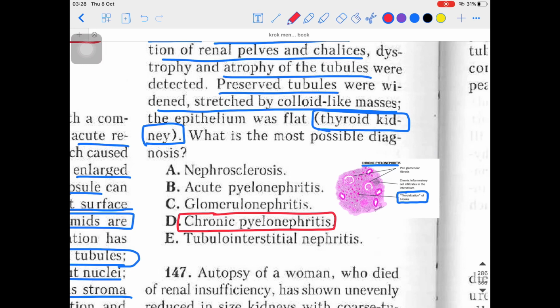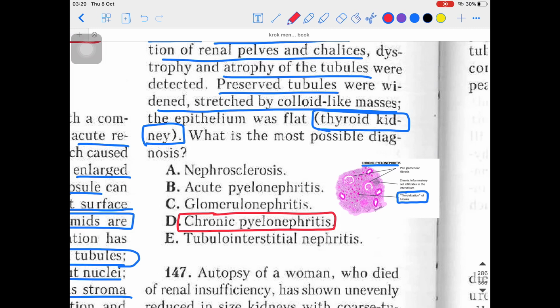Now grossly, what can be the changes? In acute tubular necrosis I told you the kidneys will be enlarged. Here it is the opposite: kidneys are usually small or contracted, and sometimes the weight of the kidney might reduce to less than 100 grams. The surface of the kidney is important.